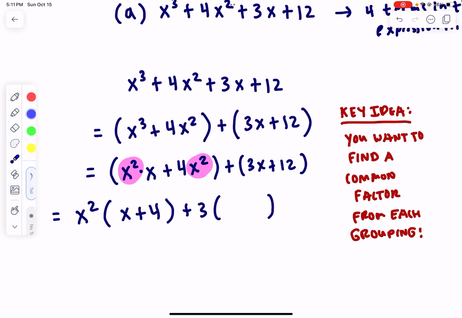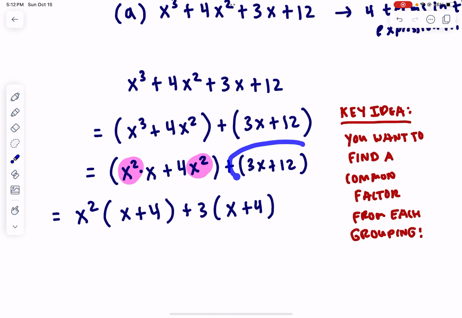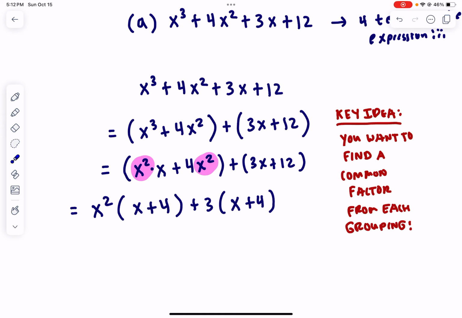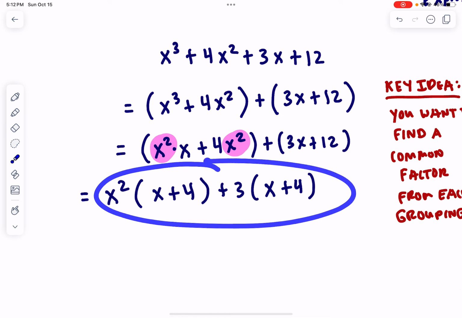If you take out the 3, you're left with x. And then you have to ask yourself, 3 times what is equal to positive 12? Well, in this case, 3 times positive 4 will give you positive 12. So when we looked at this grouping, all we did, once again, is factor out the 3. And now we're left with this expression right here.